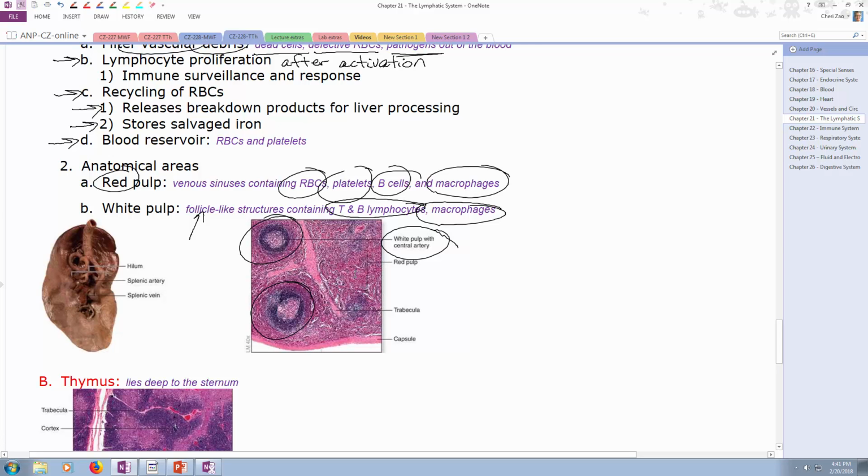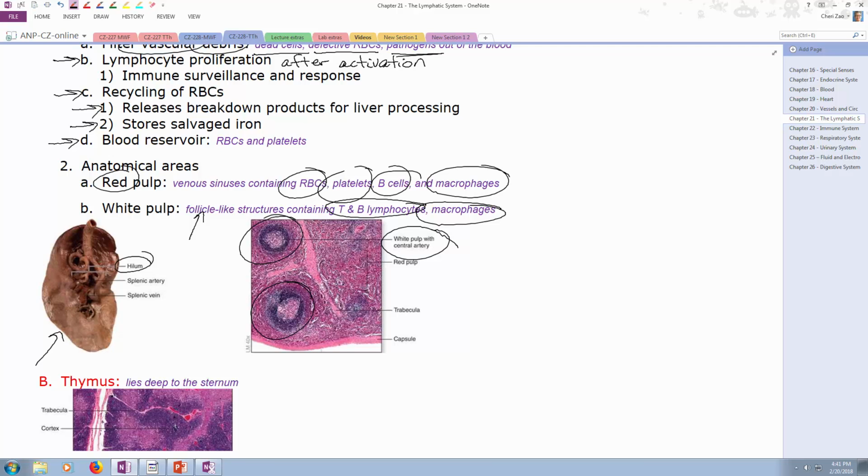The blood flow in the spleen is kind of interesting. The cadaveric spleen looks a lot like a liver type of material. It's our picture right here. It also has a hilum where the blood vessels come in and out, in for splenic artery, out for splenic vein.